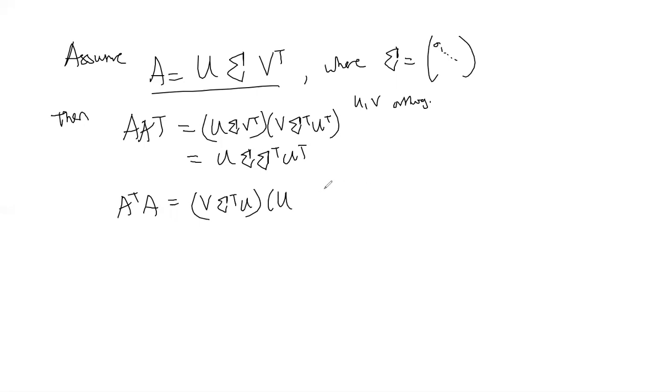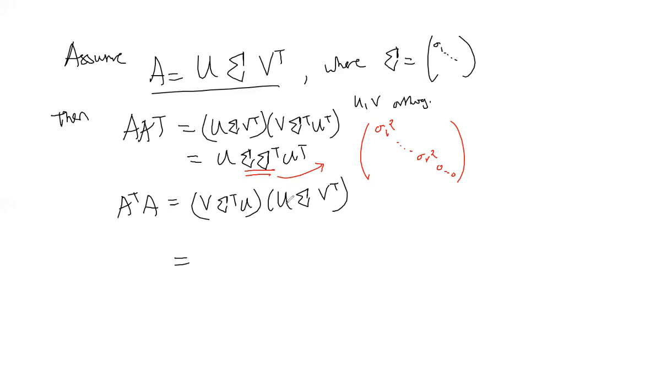But then, because sigma is diagonal, this middle part becomes an actual diagonal matrix with sigma 1 squared through sigma r squared, and then some zeros, potentially. And that's why you get some zeros when you diagonalize one of them versus diagonalizing the other.